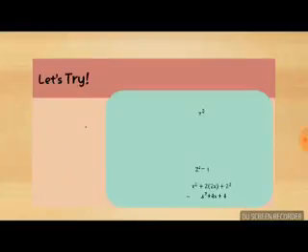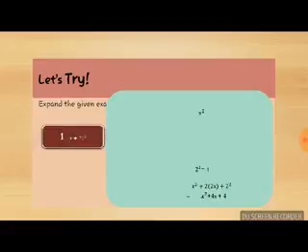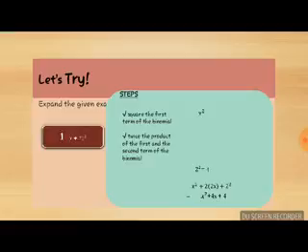Let's try. Expand the given example. Number 1. The quantity x plus 2 squared. Follow the steps. First, square the first term of the binomial, x squared. Second, twice the product of the first and the second term of the binomial. X times 2 is equal to 2x.